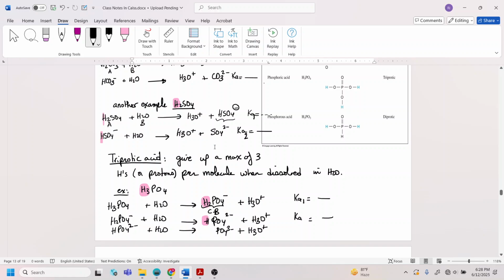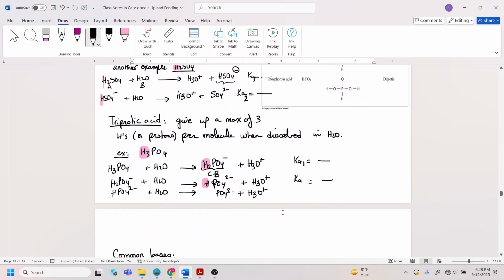Okay, so this is going to be the second dissociation, and that is going to be the third dissociation constant. So H3PO4 undergoes dissociation in presence of water by three separate acid-base equations. Each acid-base equation has its own acidic equilibrium constant.